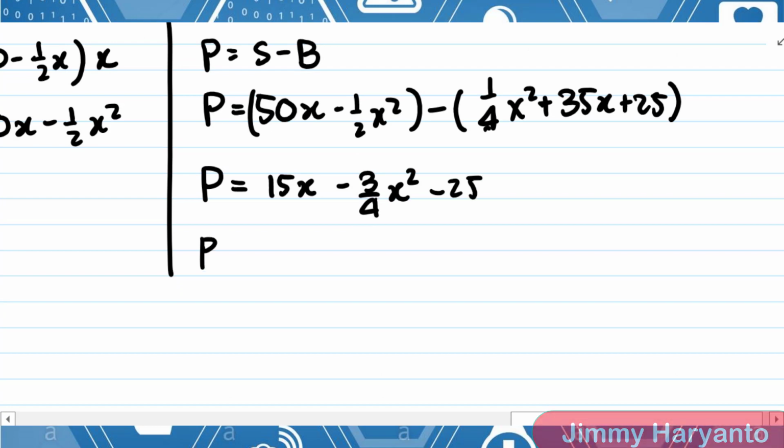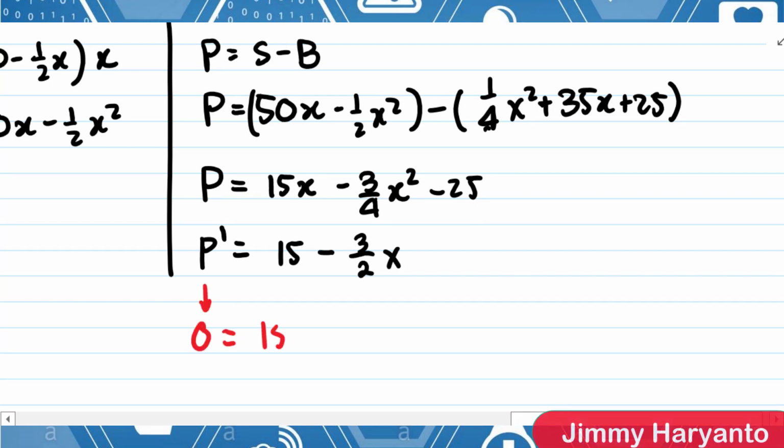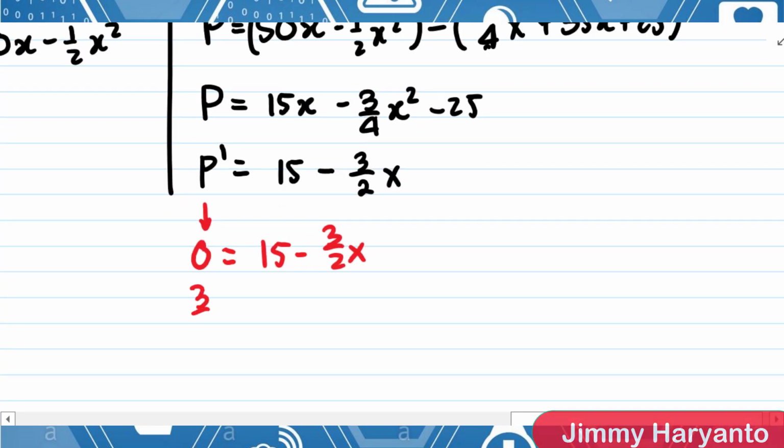Okay, let's find the P prime. For the P prime, I will have 15 minus 3 over 2 x. Then to find the stationary point, of course you have to make it equal to 0. So you have 3 over 2 x equals 15, and then x will be 15 times 2 over 3, it's 10.